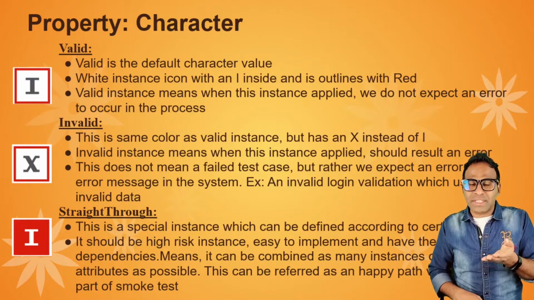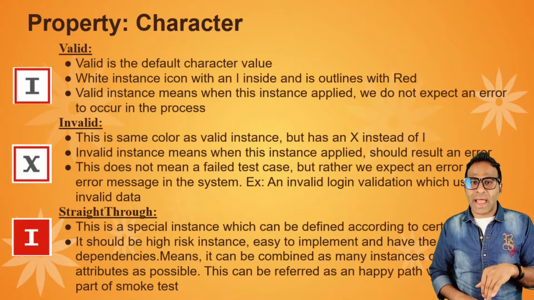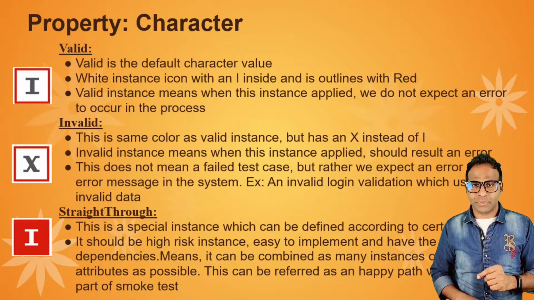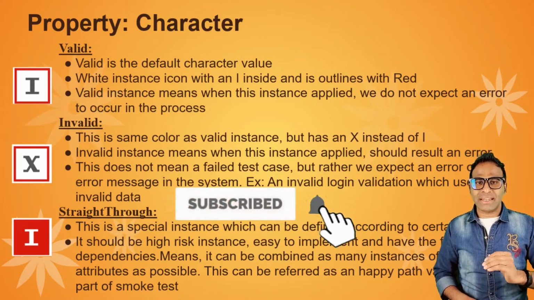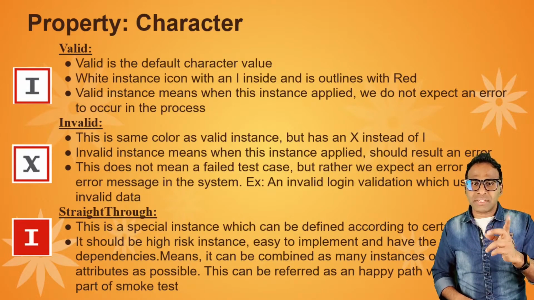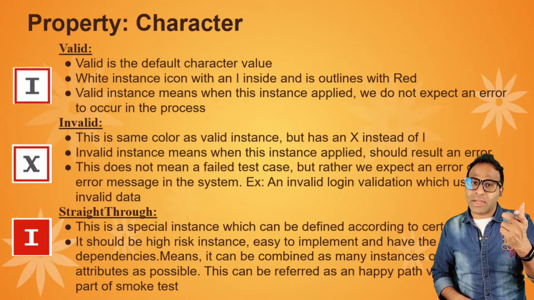Basically, a straight through instance can be combined with as many instances of other attributes as possible. So if you have 10 attributes, this instance can combine with the instances defined for the other attributes.